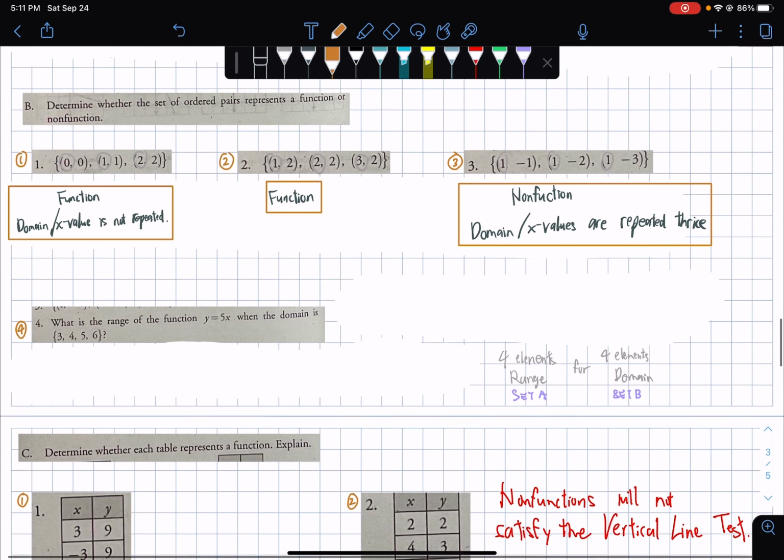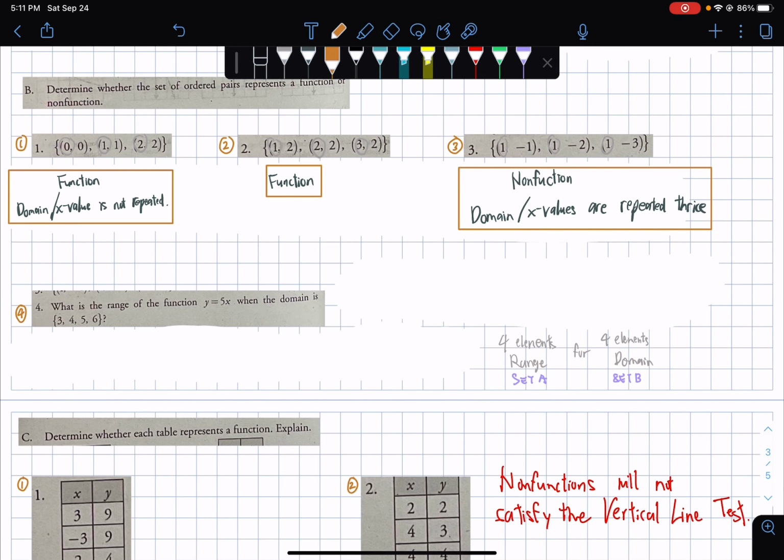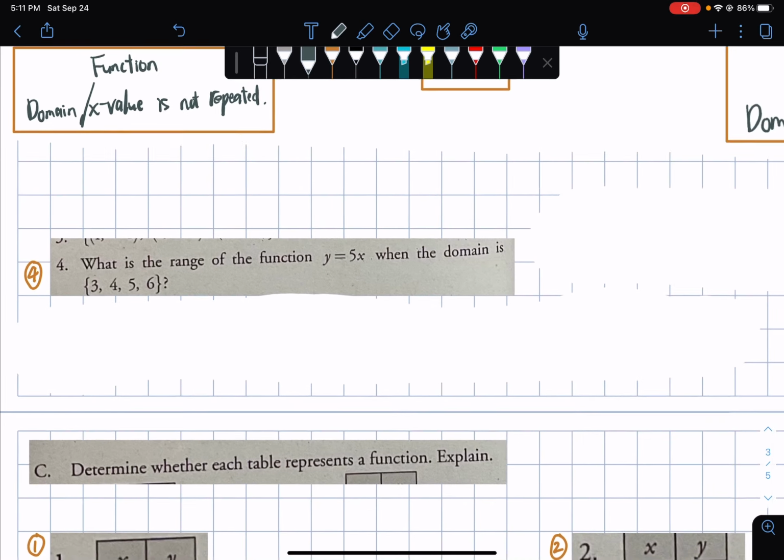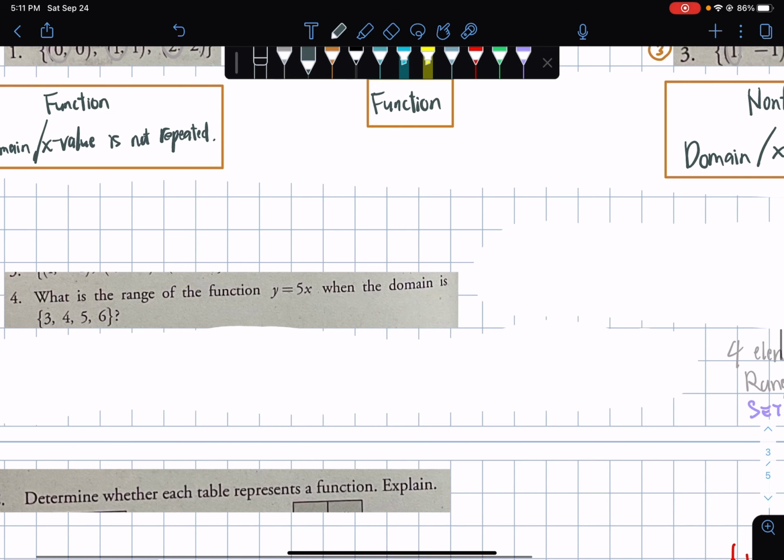Okay, let's move on to number 4. What is the range of the function y is equal to 5x when the domain is 3, 4, 5, 6? Our solution to this question is to apply the concept of algebra, in the sense that we'll be substituting. The domain are the x values.